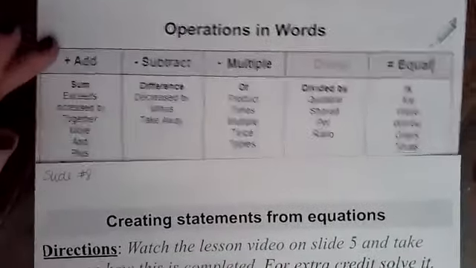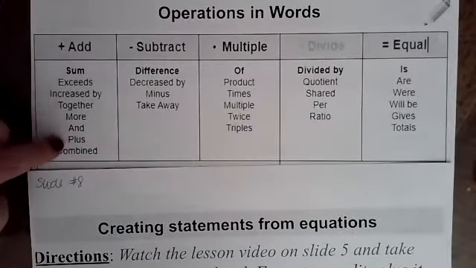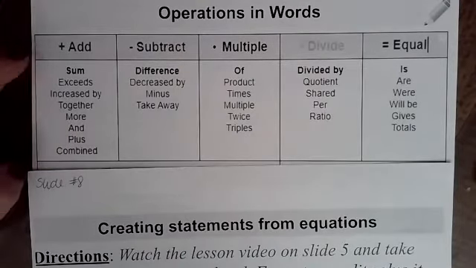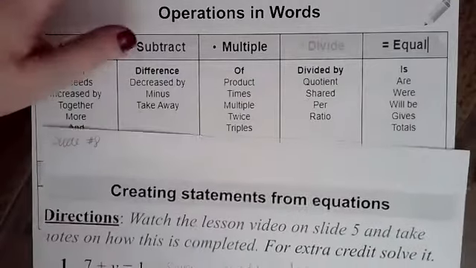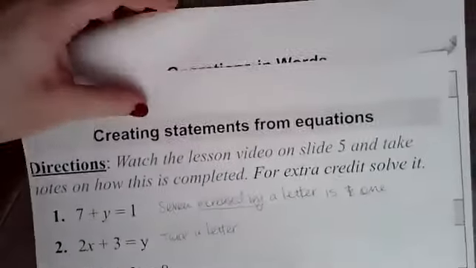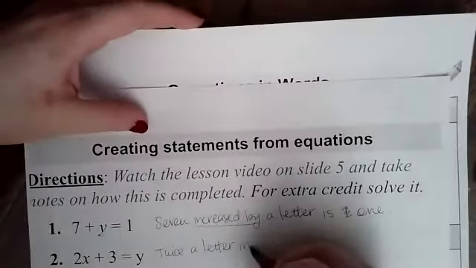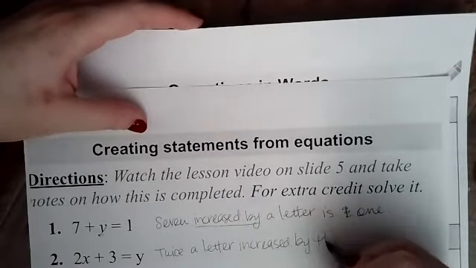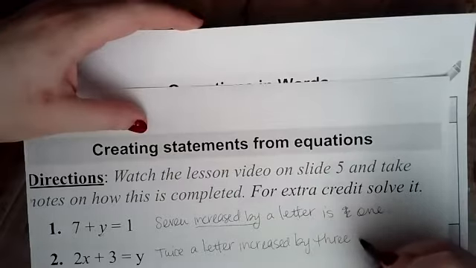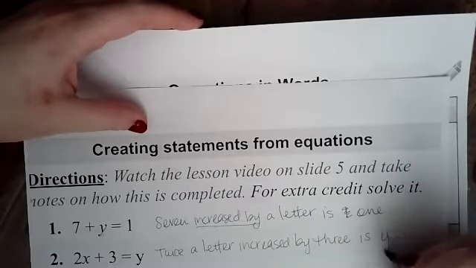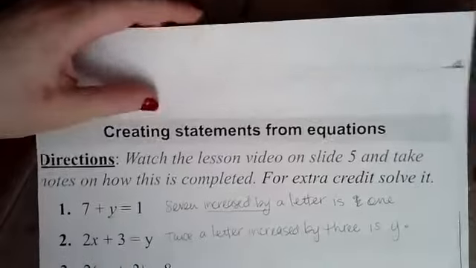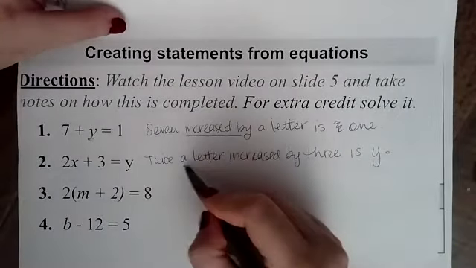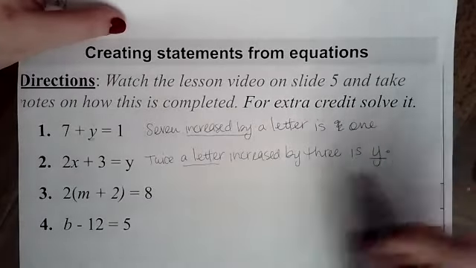You could say plus, or you could say more, or you could say increase by, or sum. Actually, I'm just going to say increase by again. Twice a letter increased by 3 is y.